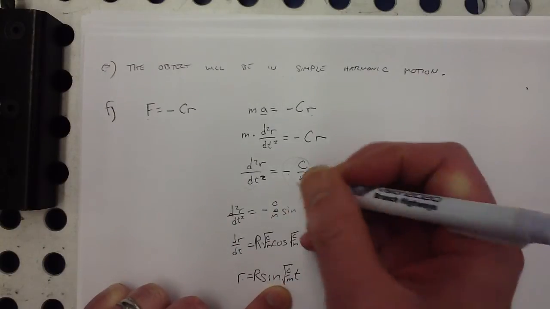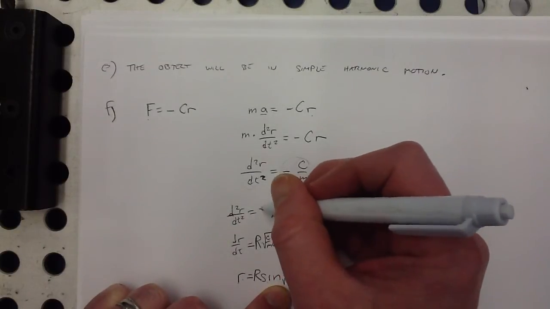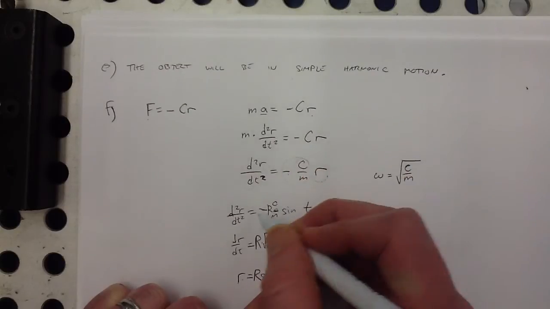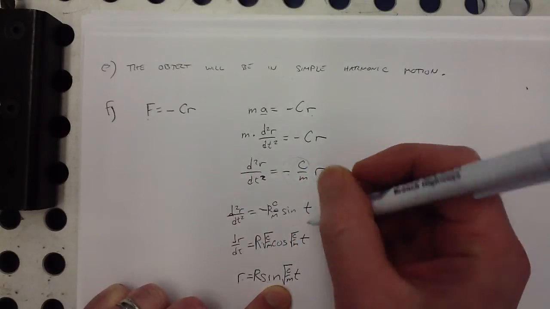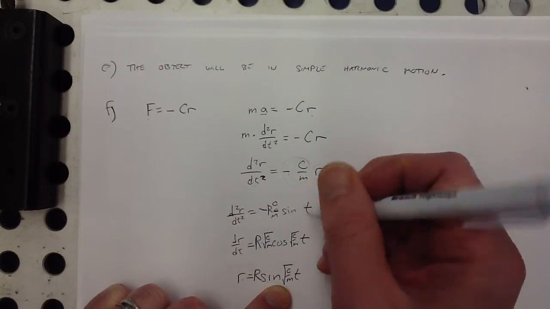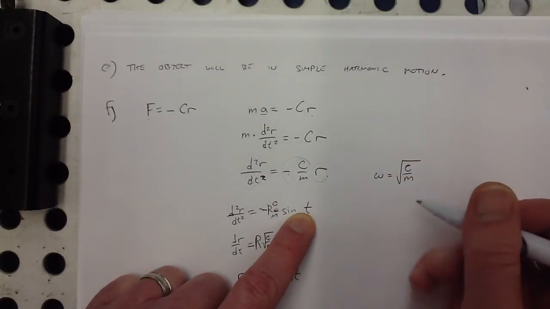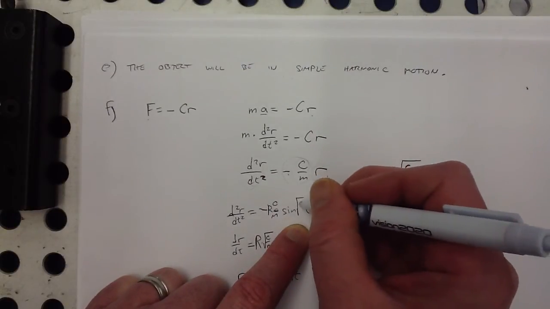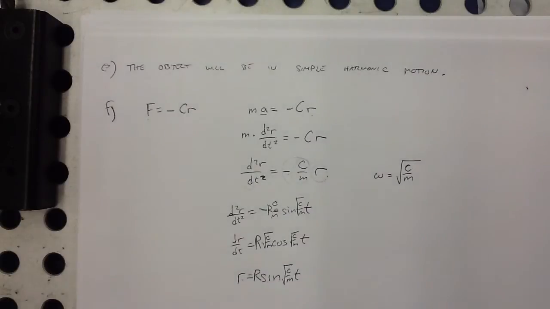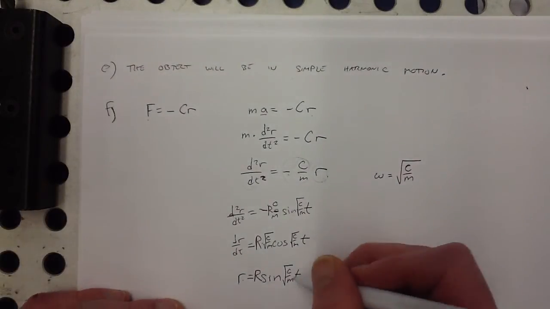And then when it pops out the second time, we need to have minus r times c over m times what we have in here, right? So that's what we're looking at. That's what we want.